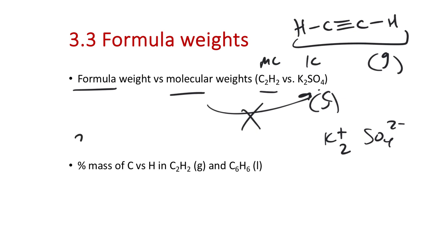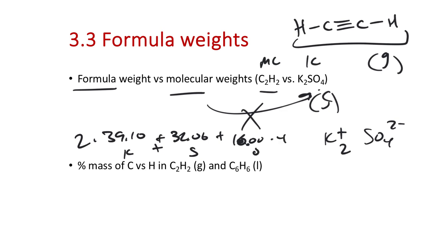And it's exactly what you'd expect. It's just 2 times potassium mass, 2 times 39.10, plus 32.06 for sulfur, plus 16.00 for oxygen, and there's 4 of them, so times 4. So it looks like the molecular weight, but the key is it's just not a molecule. It's like a unit, so we call that a formula or a formula unit.